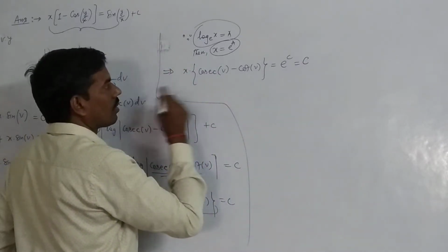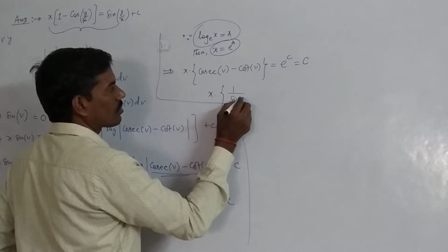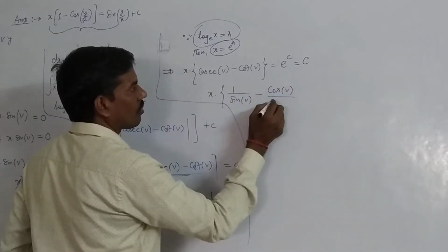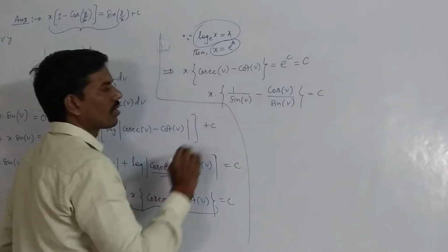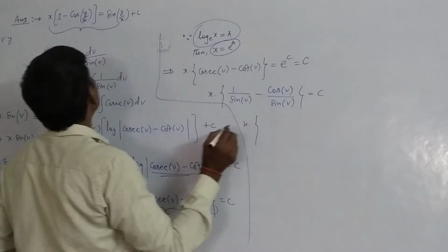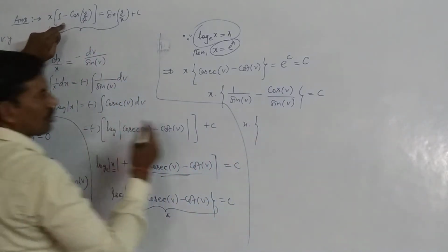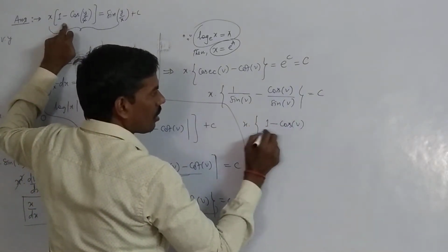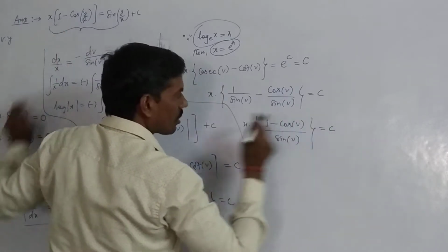Then x into cosec of v means 1 upon sine of v, minus cos of v upon sine of v, is equal to c. Look, the answer is written as x into 1 minus cos of v upon sine of v is equal to c.